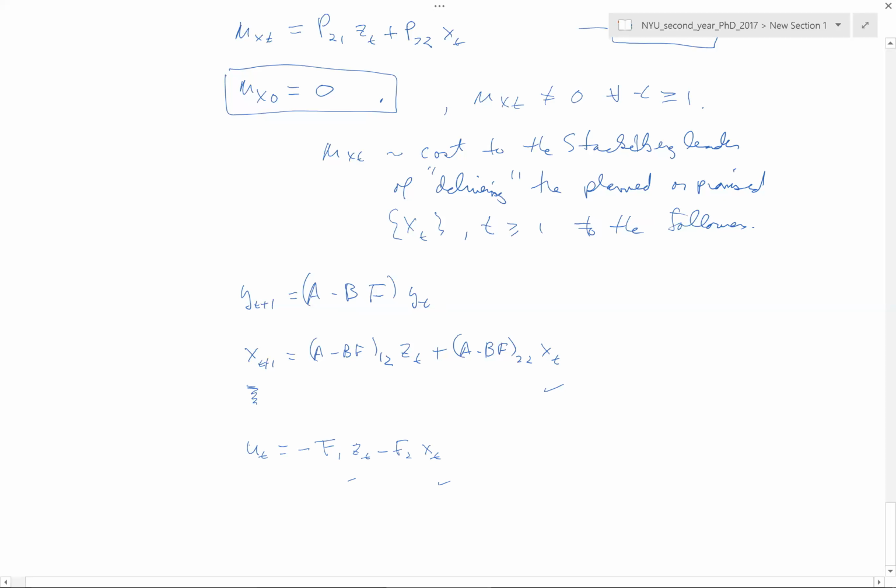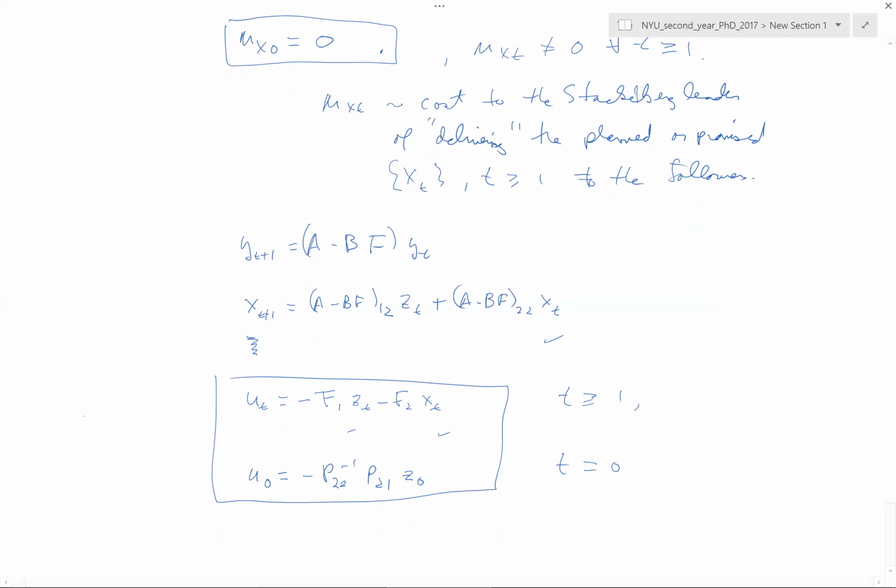So for t greater than or equal to 1, the decision rule, this is true for all t greater than or equal to 1, whereas for t equal to 0, it's equal to this. So these are different decision rules. The planner uses a different decision rule for t greater than or equal to 1 than for t equal to 0.